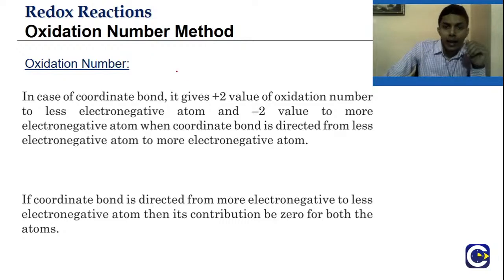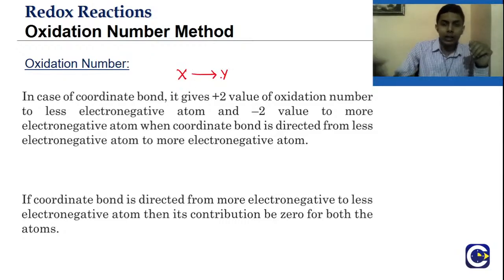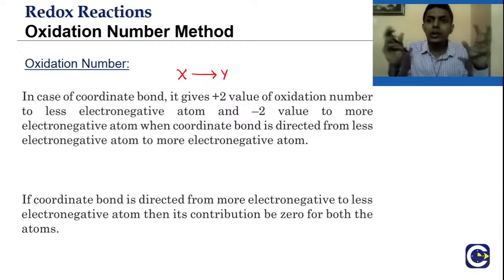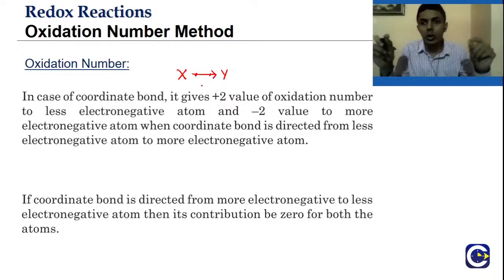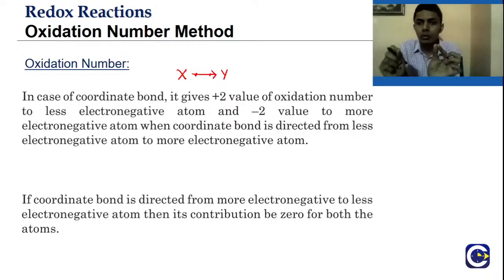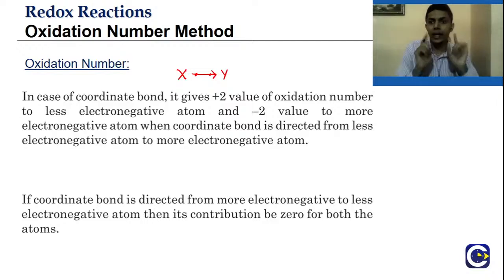Let's say X is there, Y is there, and there is a coordinate bond between X and Y. What does this coordinate bond mean? It is a bond where, just like a covalent bond, there are two electrons shared between X and Y, but both the electrons belong to one particular atom only.